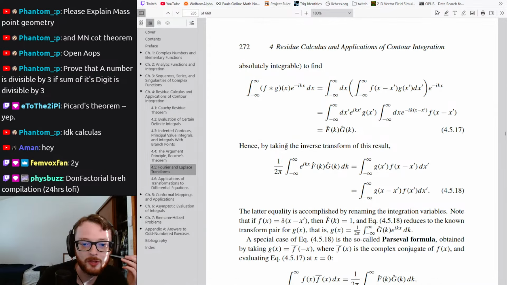But this book is a weird thing where I feel like what we're doing is 4.5.18, but this isn't the first time they refer to 4.5.17. But we have the two transforms and we want to invert them. So I feel like this is the one that we actually want.